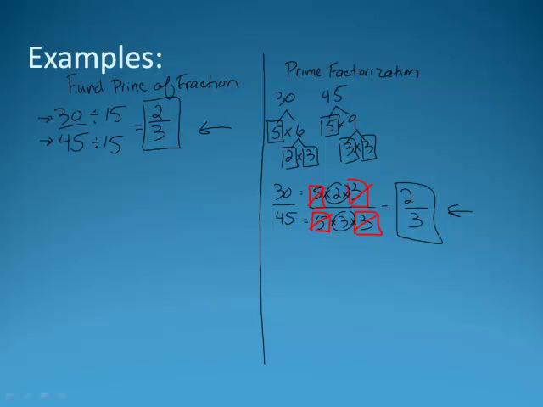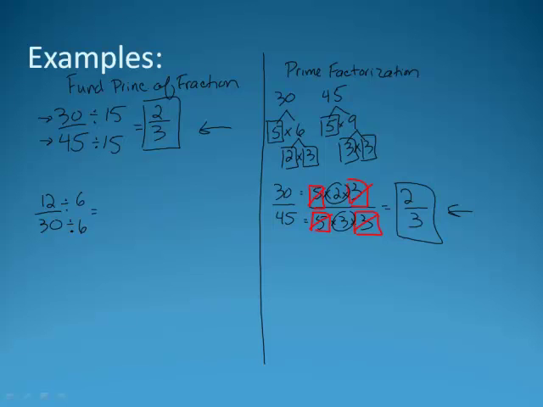Okay, let's look at, for example, 12/30 using both methods. We want to reduce 12/30 into its simplest form. So if you choose to use the fundamental principle of fractions, you're looking for a factor that you could divide evenly out of 12 and 30, and you want it to be the biggest factor you can think of in terms of getting it into lowest or simplest form. 12 and 30 are both divisible by 6.